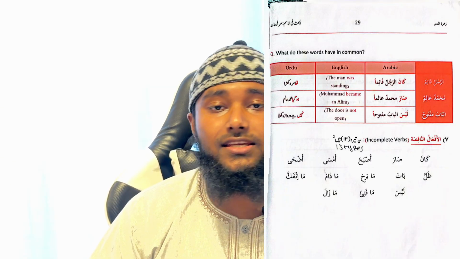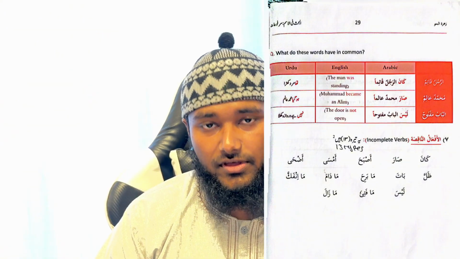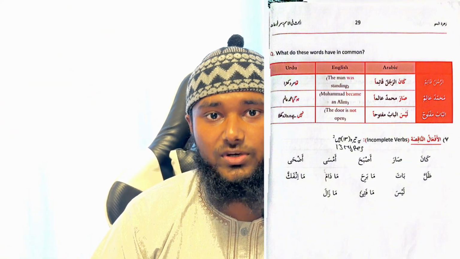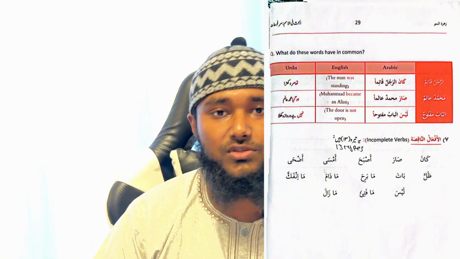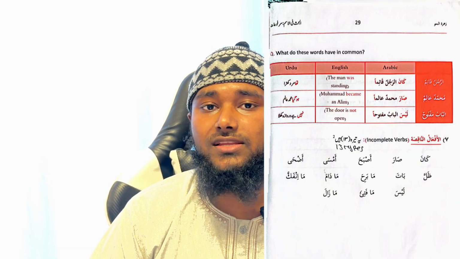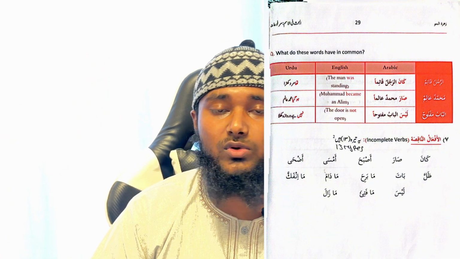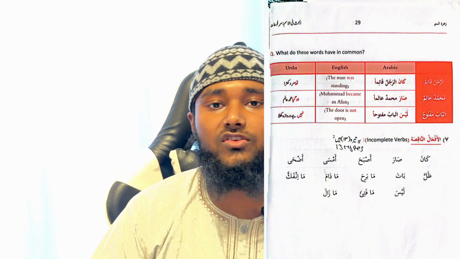So there are 13 verbs that you could add into a sentence, and when you add them, the mubtada of that sentence will be in the rafa' case, and the khabar of that sentence will be in the nasab case.